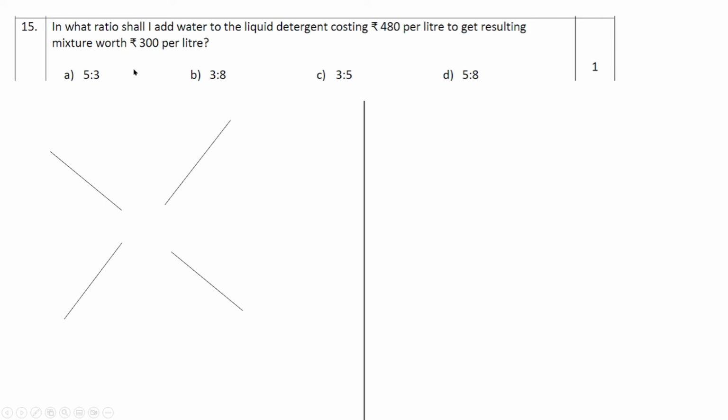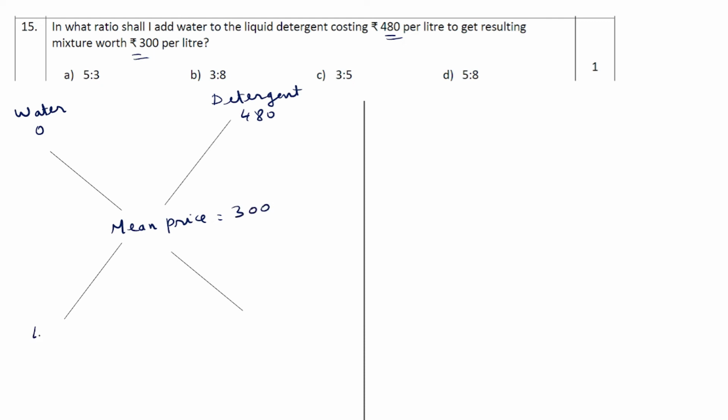So here let us use the rule of alligation. If we have water here and the detergent here, the price of water is 0 and the price of detergent is given as 480. The mean price that we require is 300.